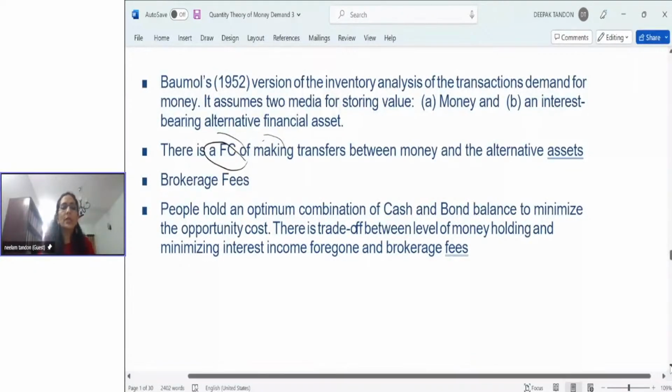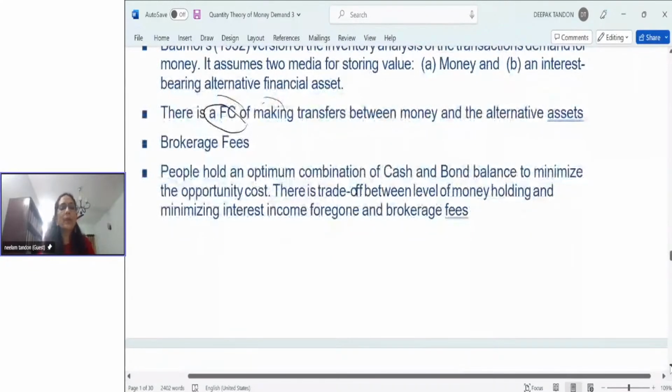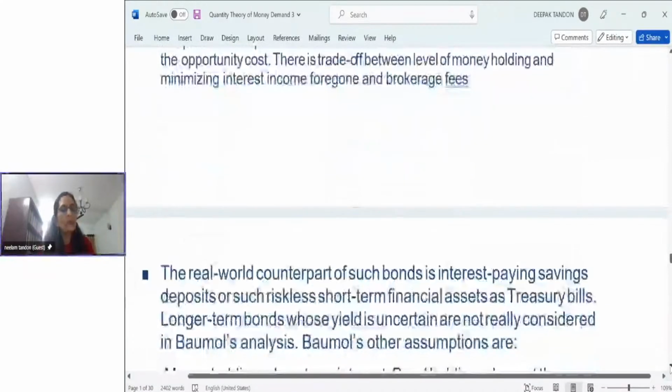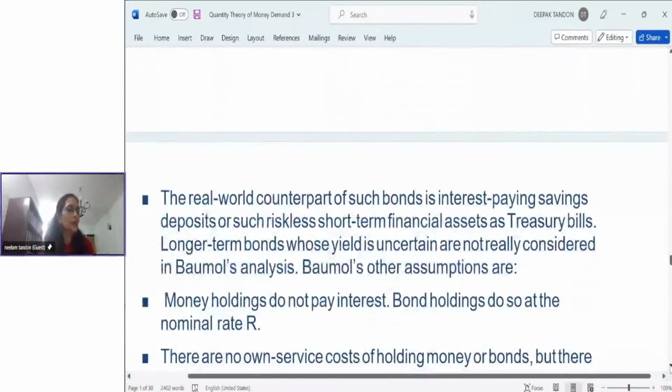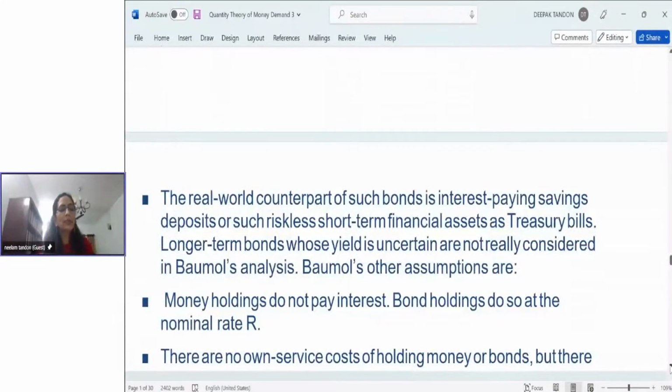Baumol's theory talks about store of value of money and cash, so it emphasizes more on store of value. That's why it talks about creation of balance between cash and bonds.